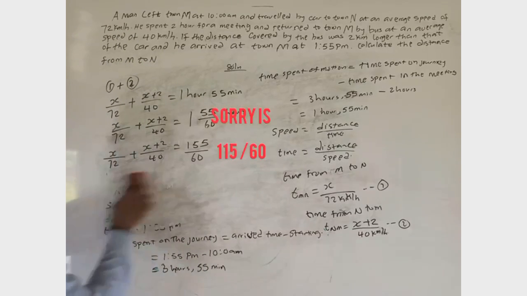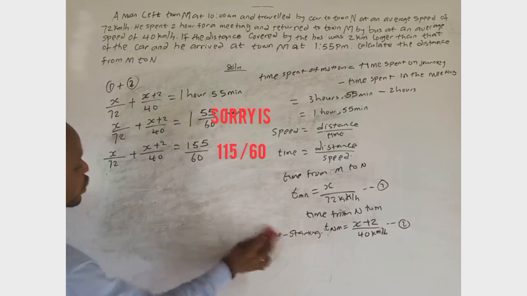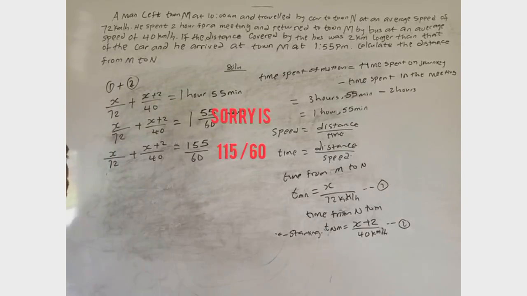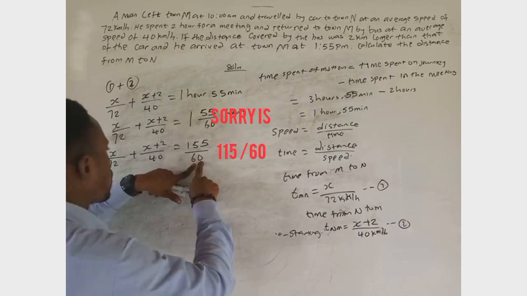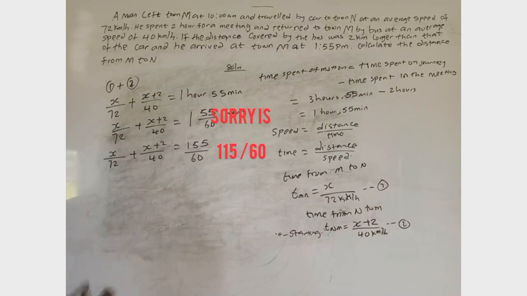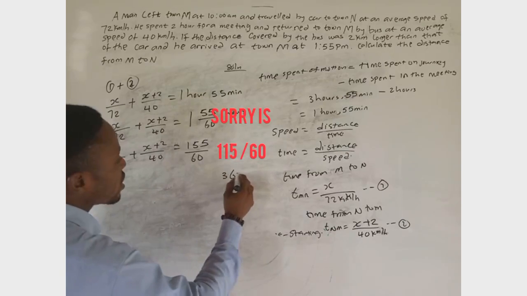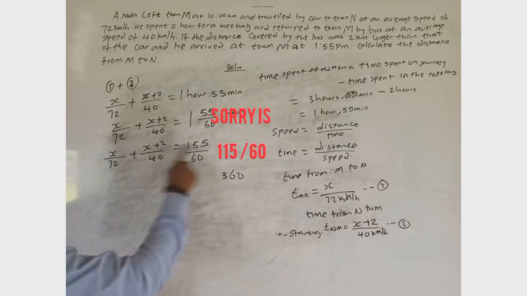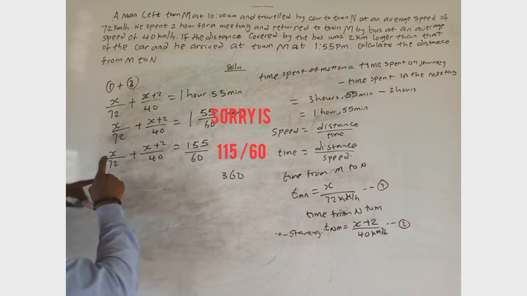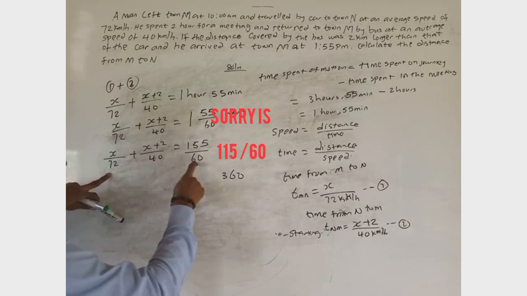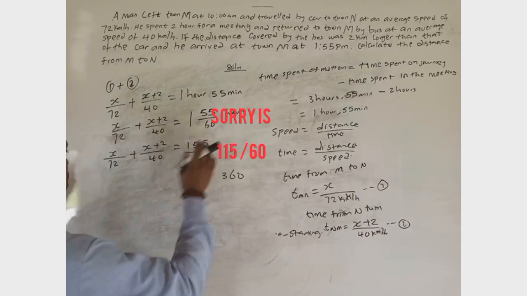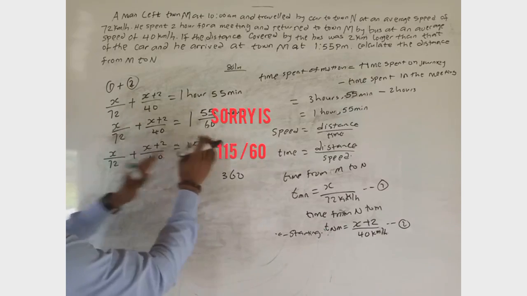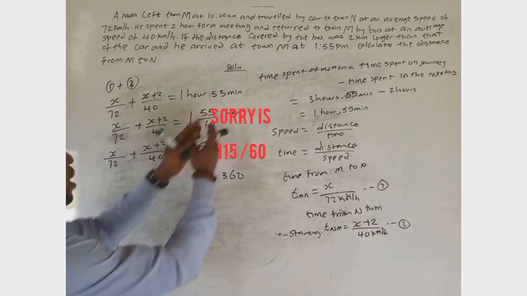Now what we do here is very simple. We find the LCM of 72, 40, and 60. The LCM of 72, 40, and 60 is 360, because 360 is common to all three. So we multiply both sides by 360.